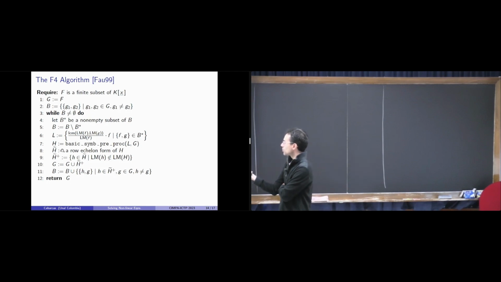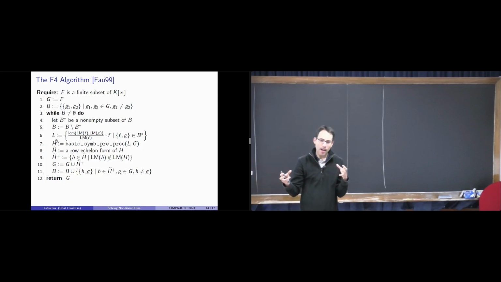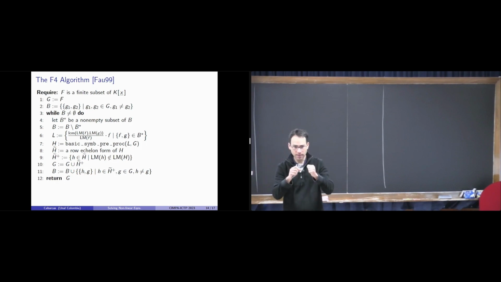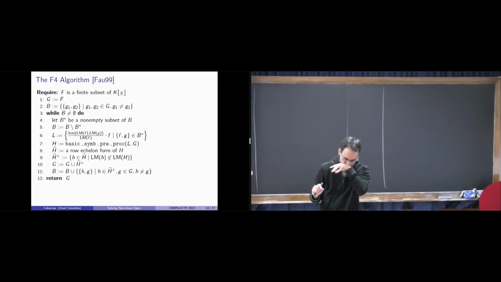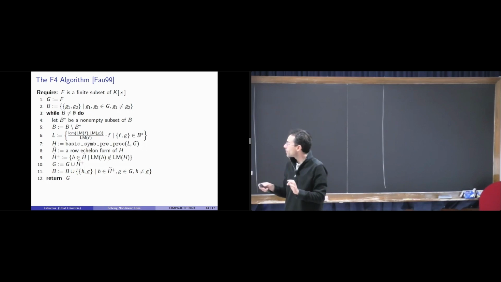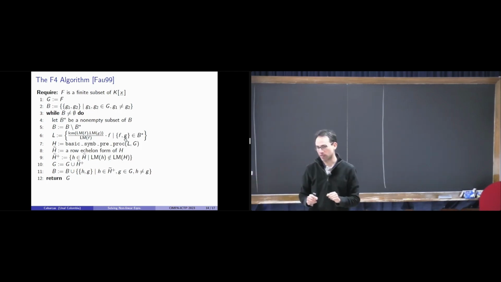Next, we do something called symbolic preprocessing of L and G. So we take L and we take our current basis, and what the basic symbolic preprocessing does is that it takes the polynomials in L and it looks in G for every possible polynomial that can reduce a monomial in L. Said in another way, for every monomial that appears in L, it's going to try to reduce it, but it's not going to do the reduction.